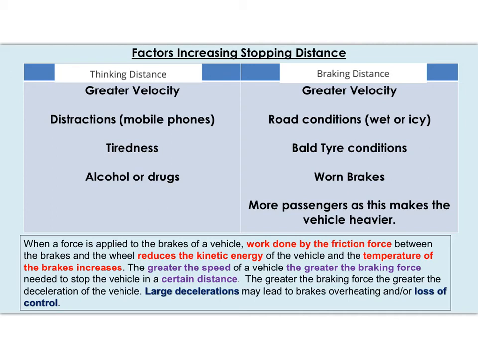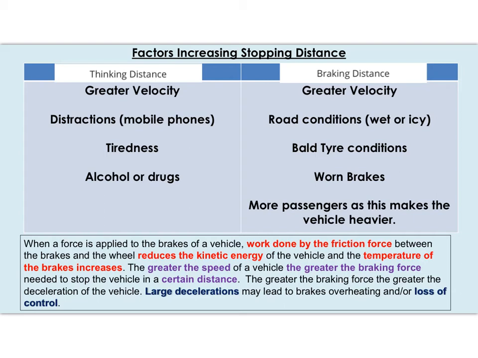If you've got distractions, such as using mobile phones, if you're tired, or if you're under the influence of alcohol and drugs, the thinking distance will increase for all of those things. The greater velocity also affects braking distance. The faster you're travelling, that impacts both thinking and braking distance, and therefore will increase your stopping distance by a greater effect.